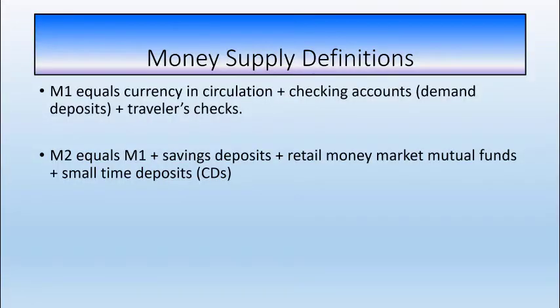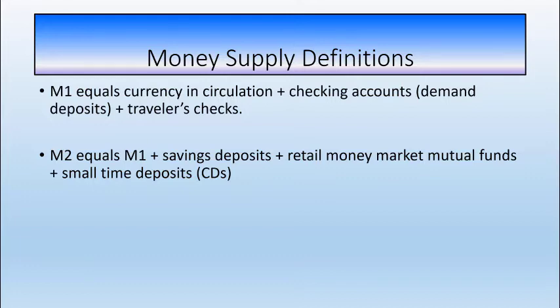Moving right along, let's talk about the various definitions of the money supply. Believe it or not, there are various working definitions of the money supply. They're used by the central bank itself, the Federal Reserve, and economists. The first definition is a narrow definition of money, the most liquid form of money. It's composed of currency in circulation, in other words, what's in your pocket and what's in cash registers.